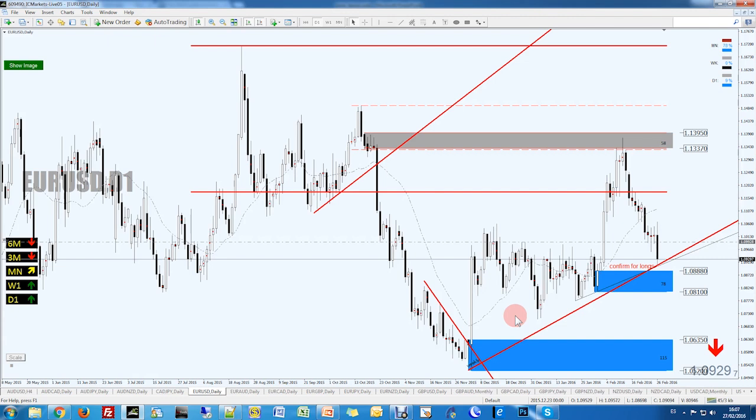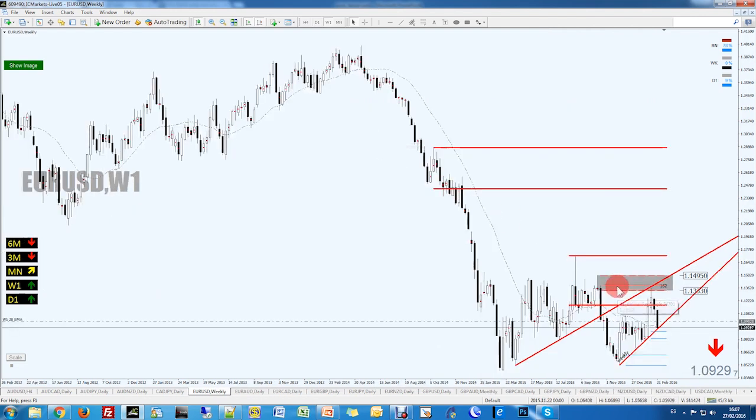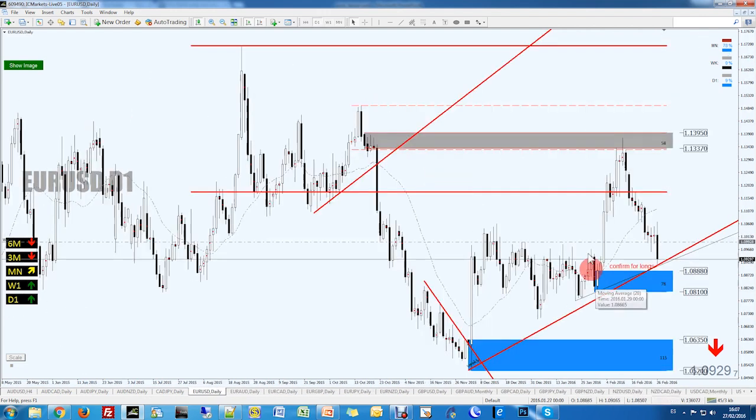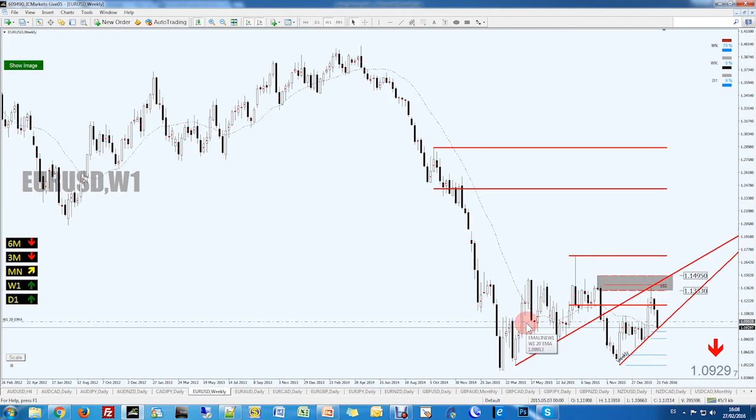Because the high probability WoW setups go with the trend, like this one. Monthly still down, 3 months down. So when we get a WoW short on a weekly, daily, and monthly, then our bias is going short.